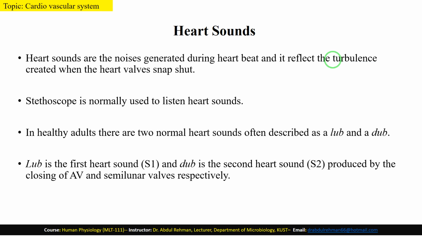So here is the turbulence of the blood with the heart valves. This turbulence creates a sound that is called heart sound. Lub shows the contraction, and dub shows the diastolic condition. So these are the normal heart sounds. If there is a variation in the heart sound, it means the heart has been affected with some disease.